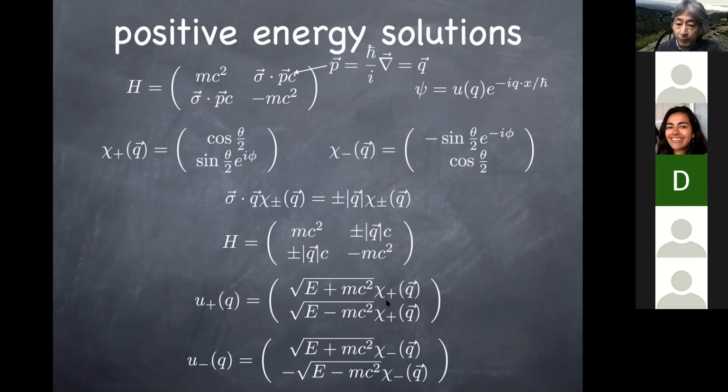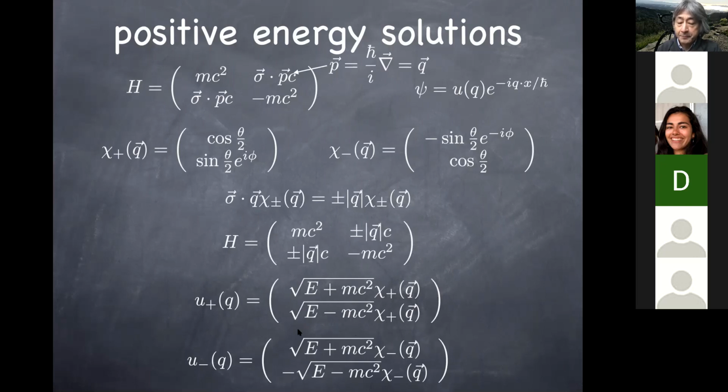The way this is 4-dimensional is that chi plus is already 2-component. So this is the first and second component, represented by this expression, square root E plus mc squared times chi plus. And this square root E minus mc squared chi plus is the third and fourth component out of this 4-component spinor.